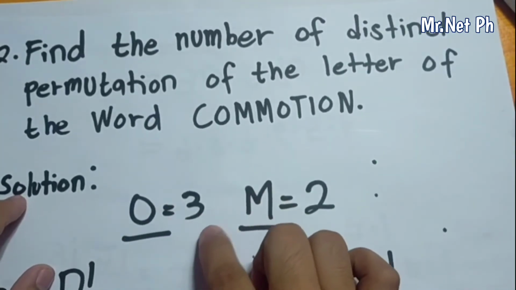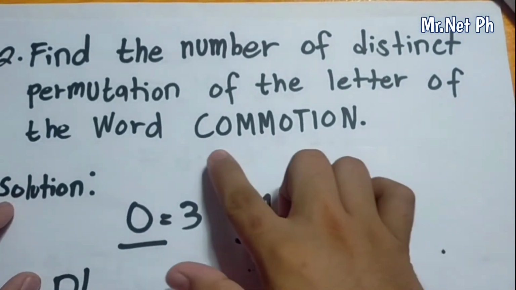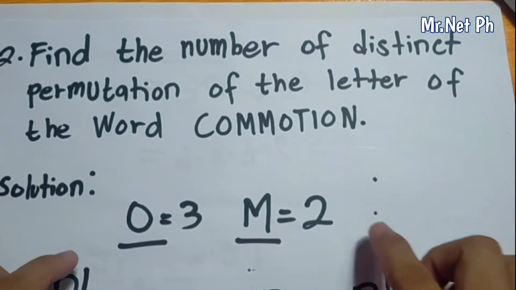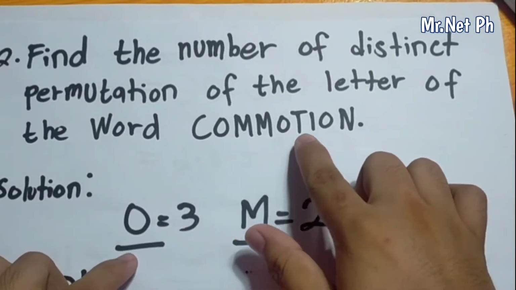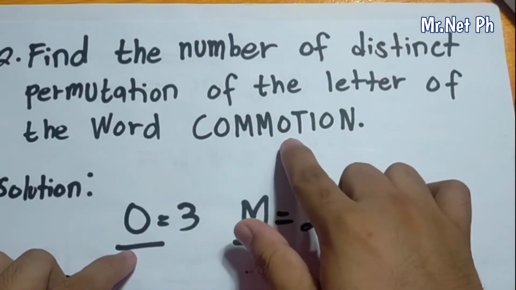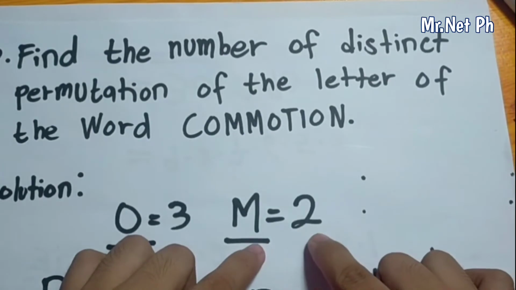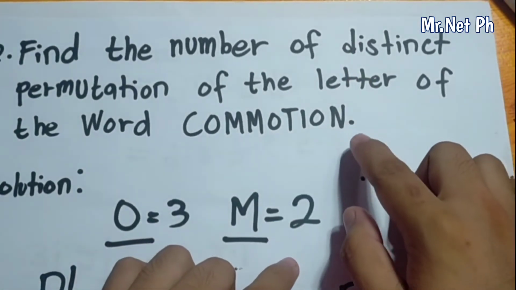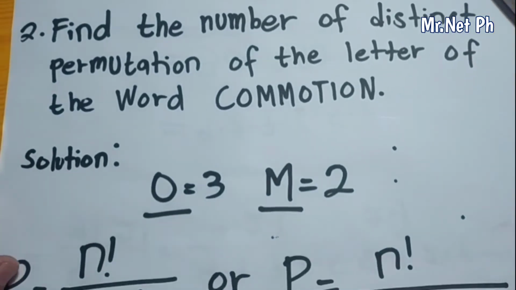So O is equal to 3. Yung letter na 1 count lang naman ay hindi na natin siya isasama. So O is equal to 3. M is equal to 2. Yung T is 1. Yung I is 1. Yung N, 1. Kaya hindi natin siya isasama.